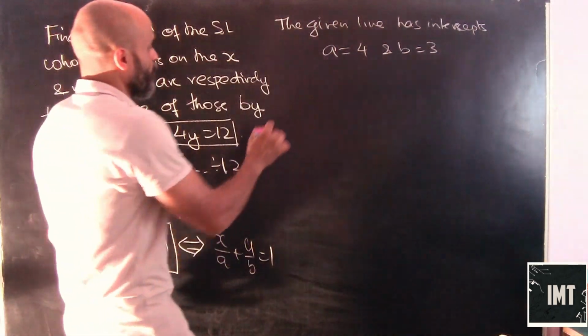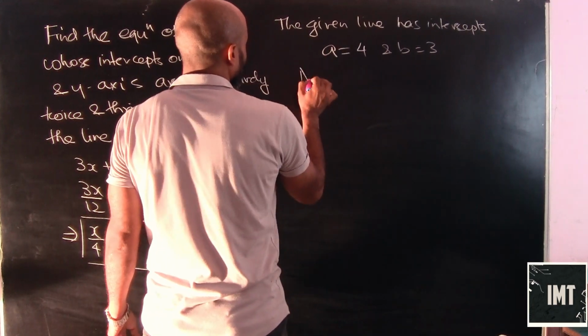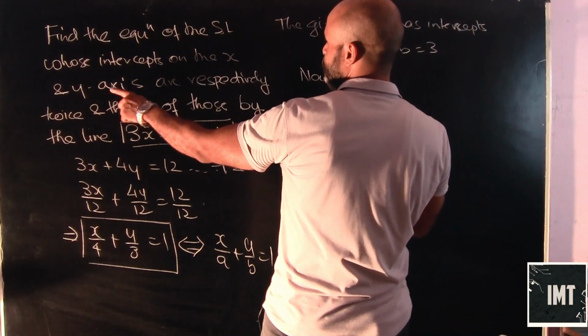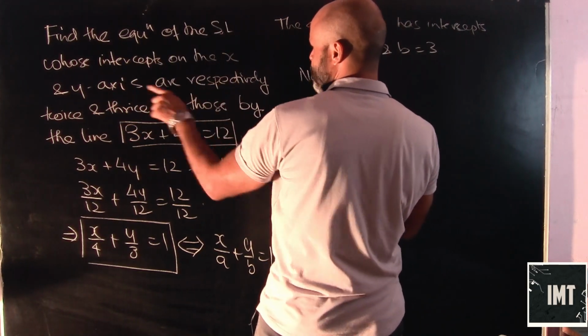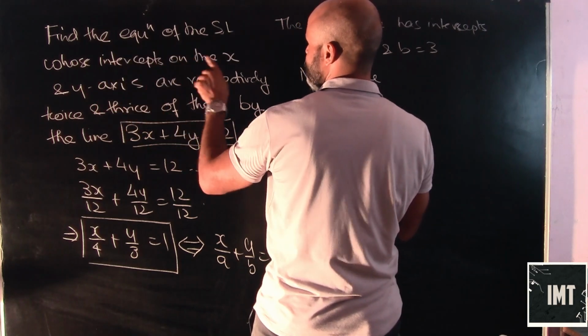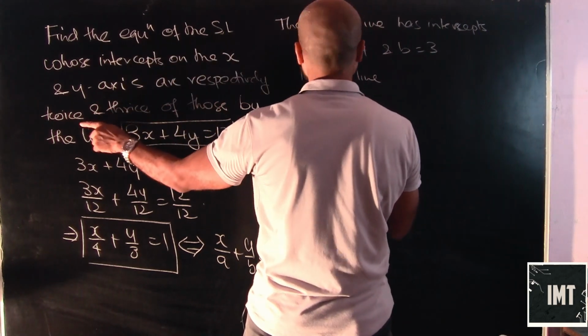Okay, so now the line for which we have to find the equation has intercepts on the x and y axis respectively twice and thrice of those of the given line.